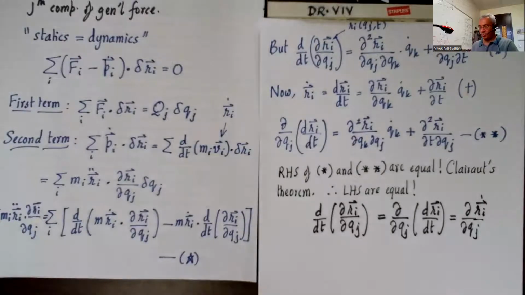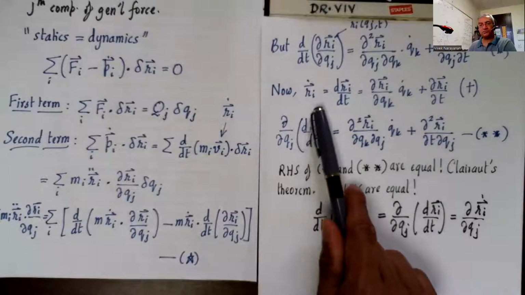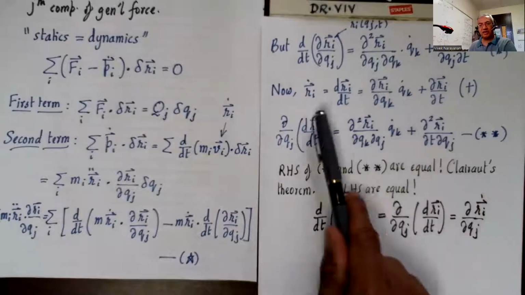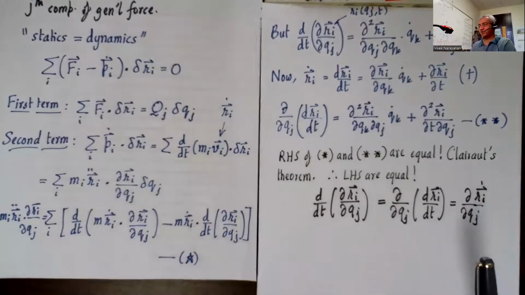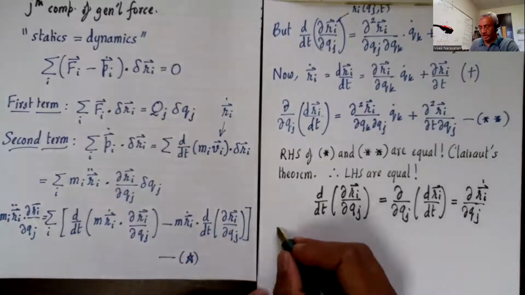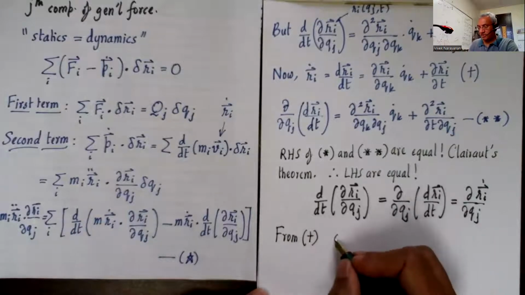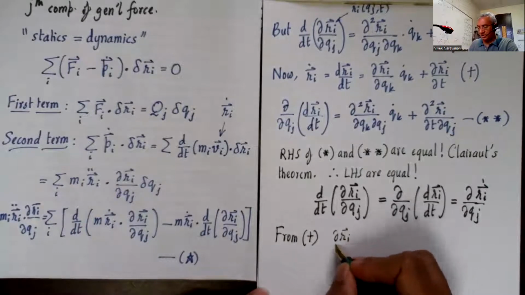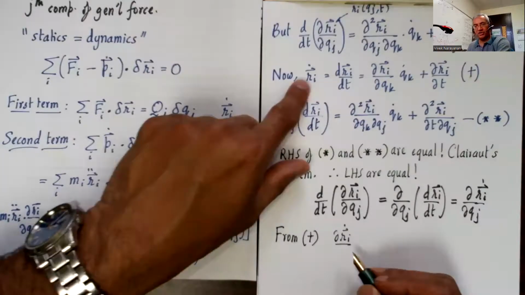Now from the equation known as dagger, we can actually find out what del Ri dot over del Qk dot is. Ri dot is all of this.